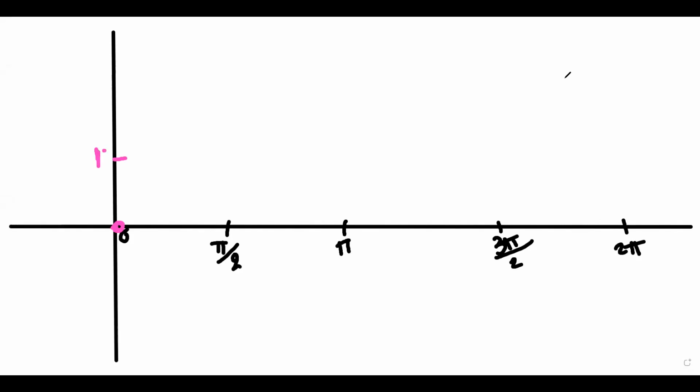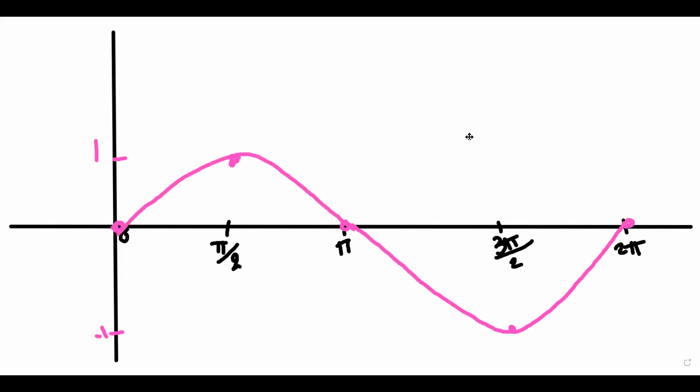What's the sine of pi over 2? It's 1, bravo. Sine of pi? 0. Sine of 3 pi over 2? -1. And sine of 2 pi? 0. Thank you. So if you connect these points, the pink one here is for the sine.